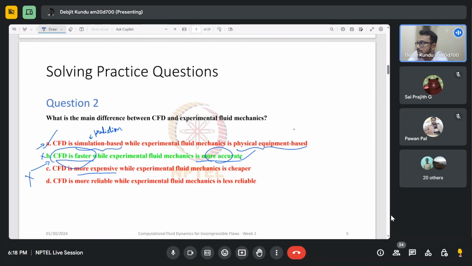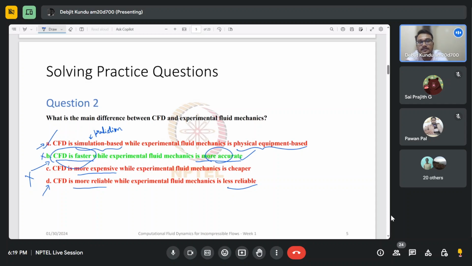And as far as the last statement is concerned, experiments are more reliable than CFD because CFD requires you to make a lot of assumptions and assume models for real physical systems and make predictions based on that, and that is not as reliable as experiments.